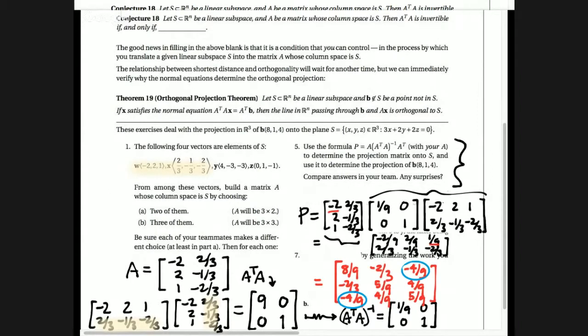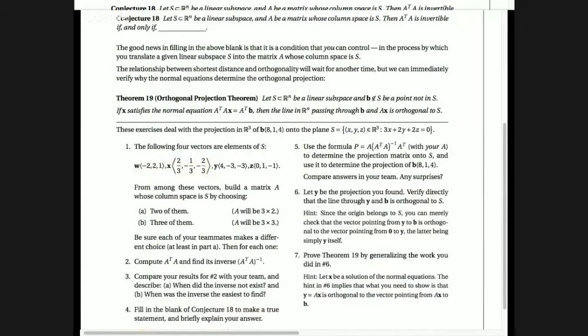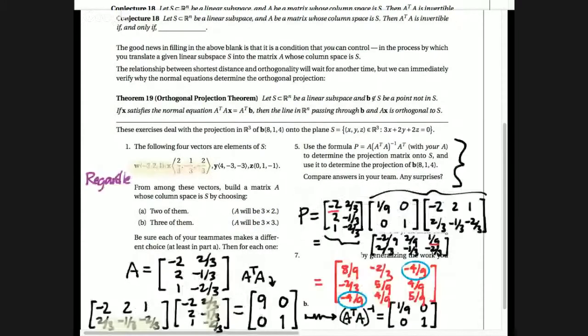So the first big surprise here, I think I'm going to side with Brian on this, is that regardless of the basis chosen for S, regardless of the choice of basis for S, the projection matrix should be exactly the same.